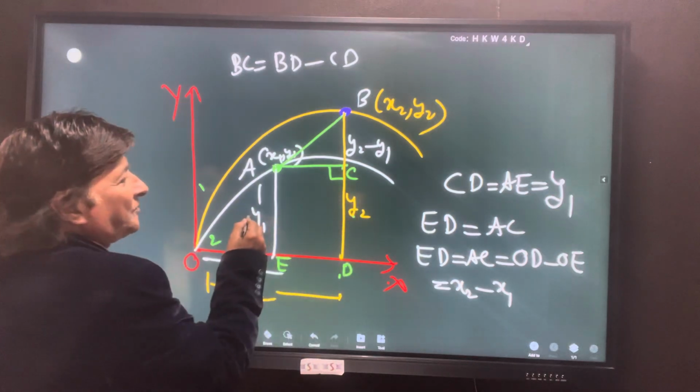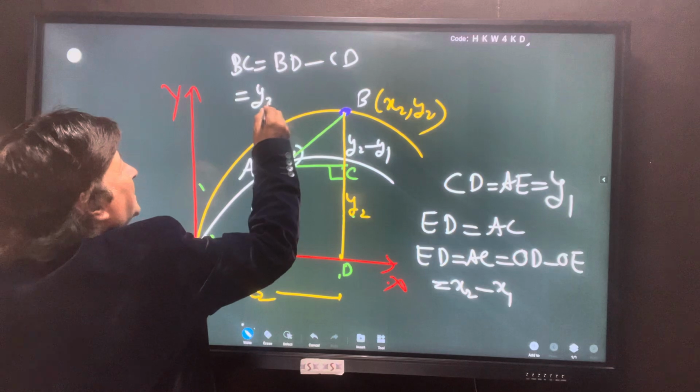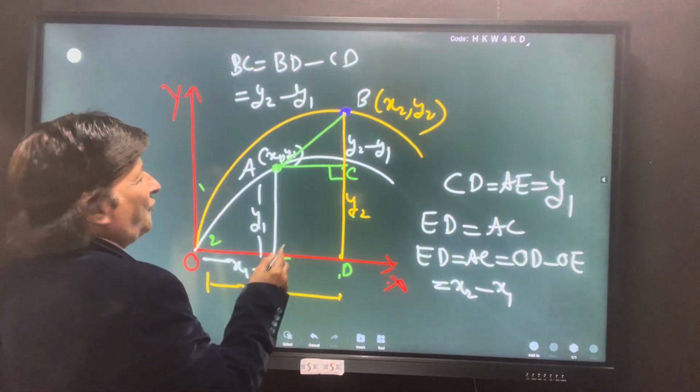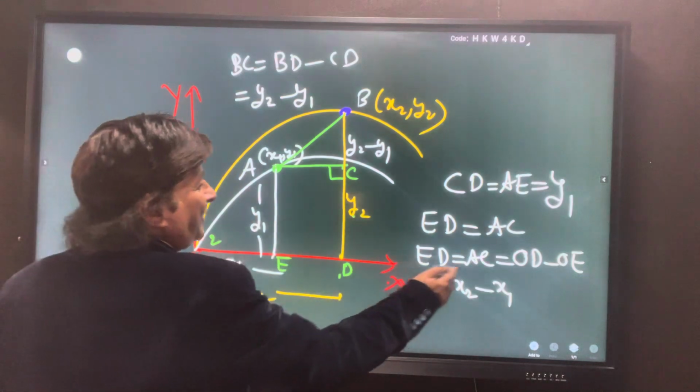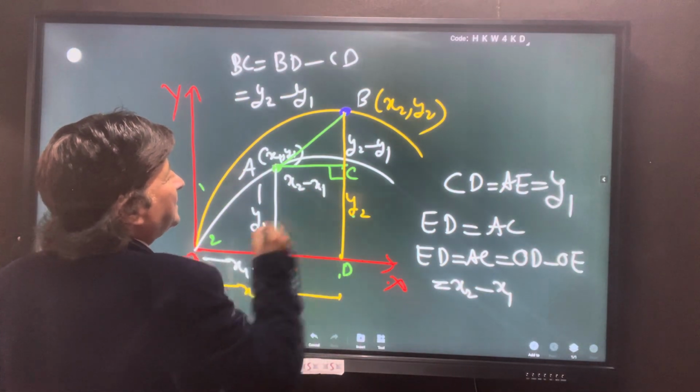BD is y2 and CD is y1. AC is ED, that is equal to x2 minus x1.